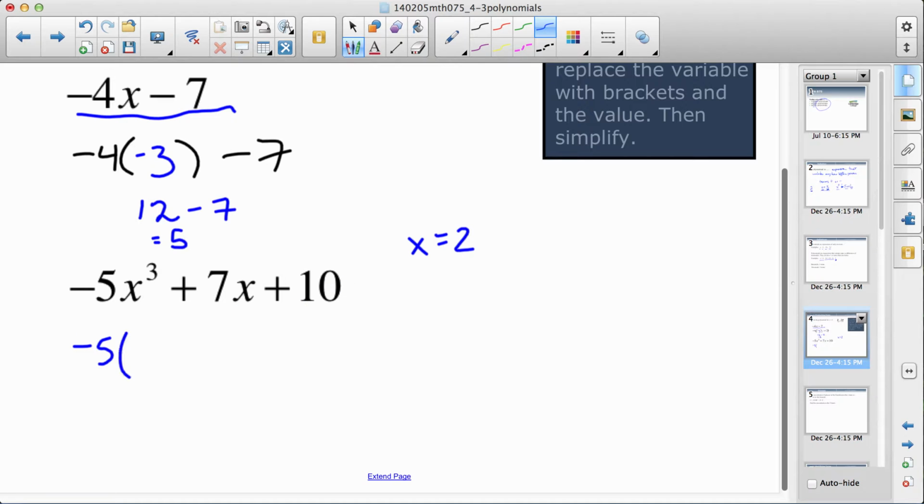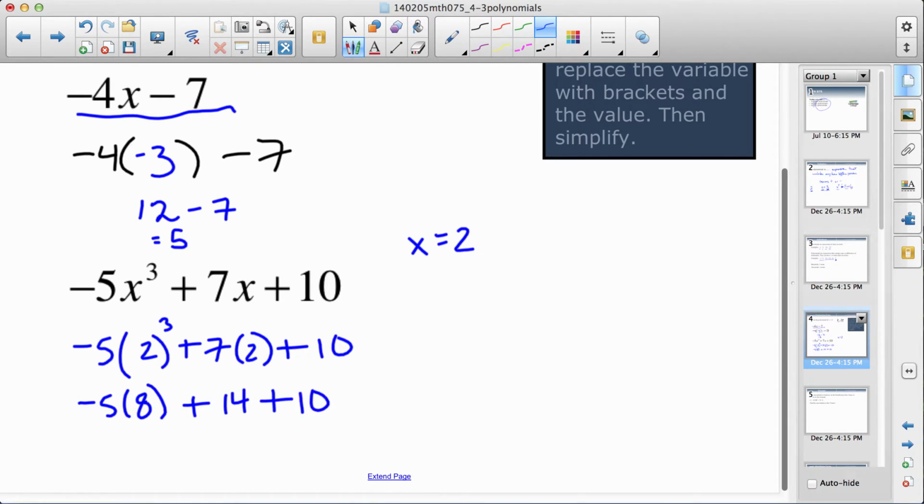Okay, if you put a 2 in, there'll be a 2 cubed plus 7 times 2 plus 10. Order of operations says do the exponents first, so 2 cubed would be 8. So I'd have minus 5 times 8 plus, might as well do that, that's 14 plus 10.